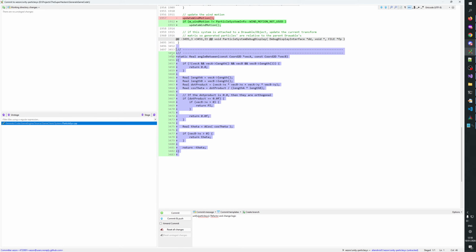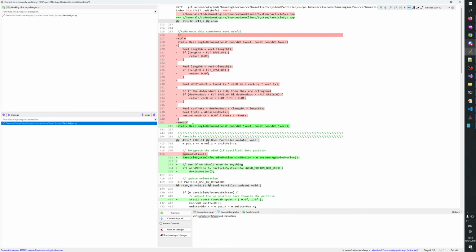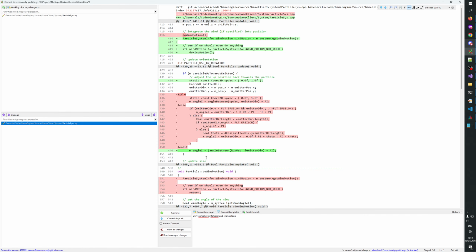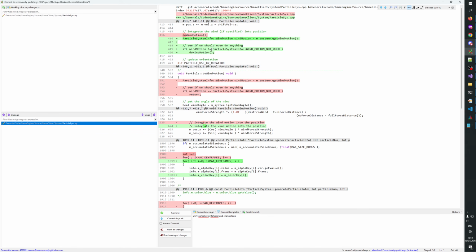Let's make it 2 changes. Let's unstage this one and this and this. So now we're only looking at the wind motion thing.